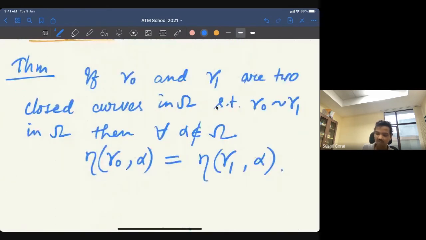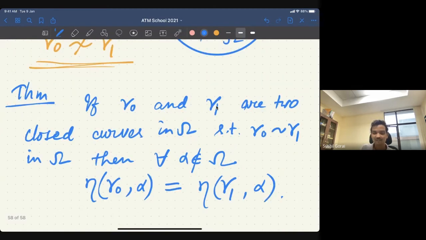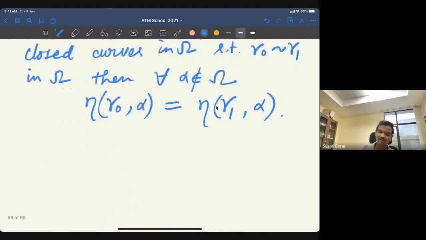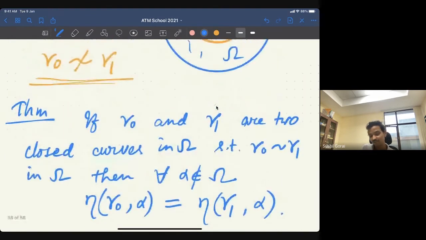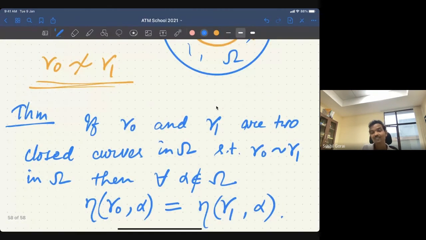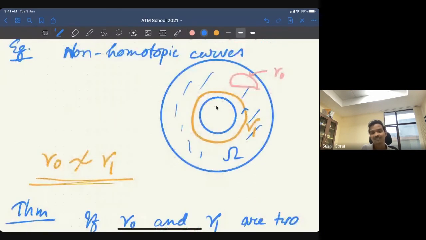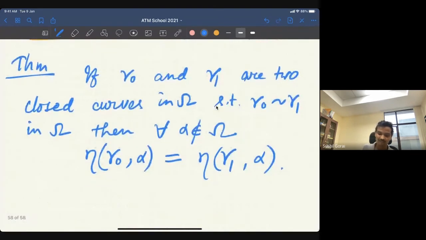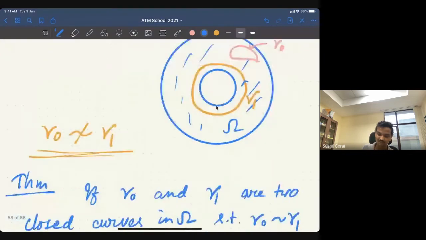But here in the complex plane, winding number actually gives a nice invariant. When winding numbers are the same, even then whether the curves are homotopic or not is a difficult question. But winding number separates some things. So this converse may not be true in this case.